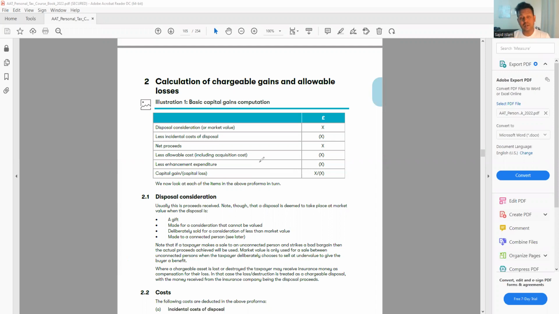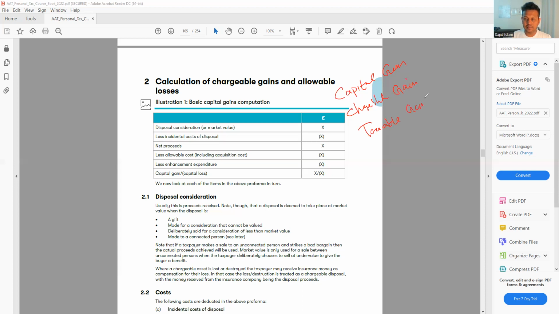The capital gain, what does that mean? The net proceeds, what does that mean? The chargeable gain and the taxable gain, especially these three words: capital gain, chargeable gain, and taxable gain.